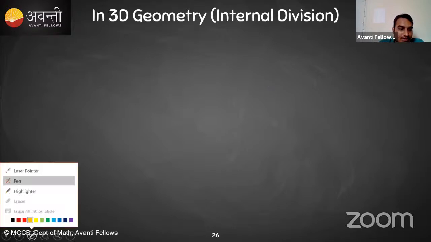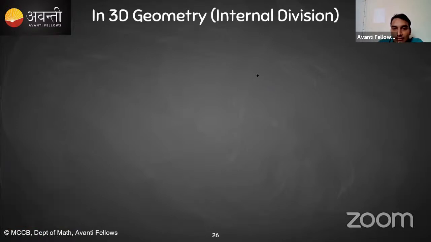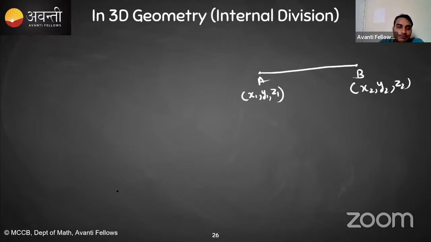Internal division means, let's suppose this is point A, this is point B. पॉइंट A के कोऑर्डिनेट क्या होंगे, x1, y1, z1, B के x2, y2, z2, right? This is the line joining AB, and let's suppose P is any point on this line segment AB which is dividing AB in the ratio m is to n.